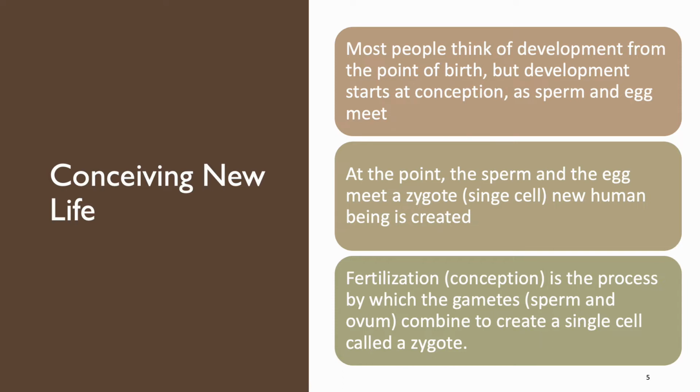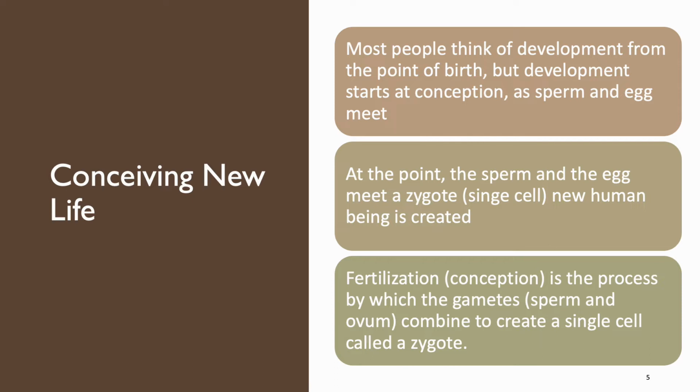Conceiving new life is obviously a beautiful experience for most people. Most people think of development from the point of birth, but development starts at conception as the sperm and egg meet. At the point the sperm and the egg meet, a zygote, which is a single cell, is the new human being.